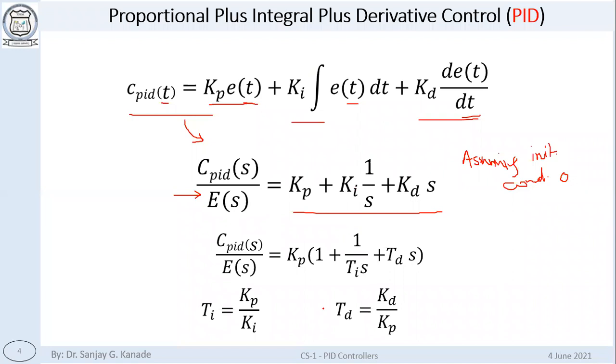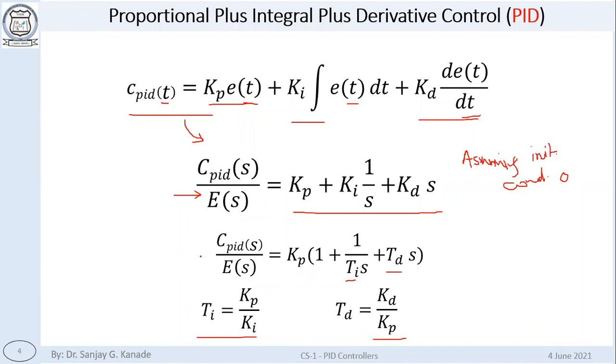And there are new terms introduced, TI and TD, where TI is equal to KP upon KI and TD is equal to KD upon KP. Okay, you must remember these equations again.